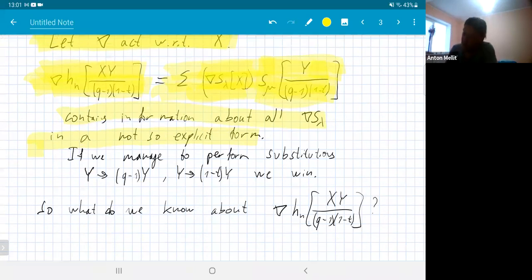But think about it. If we manage to perform the substitutions, when we substitute y instead of y, q minus 1 y, and afterwards instead of y minus ty, then we win. We will obtain the formula for Nabla.